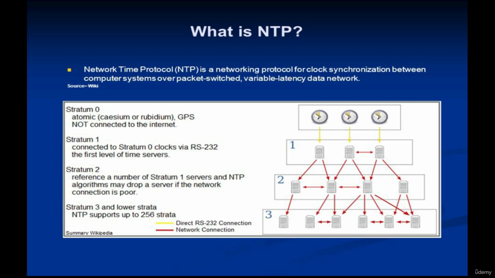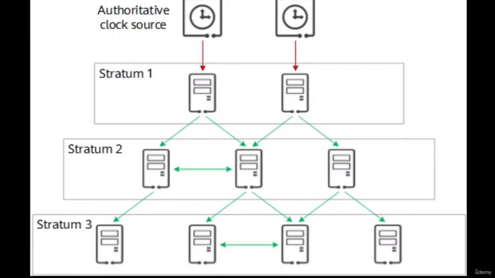Stratum 0, Stratum 1, Stratum 2, Stratum 3. Stratum 0 is atomic and GPS clocks, not connected to the internet. Stratum 1 is connected to the Stratum 0 clocks, the first level of time servers. Stratum 2 references a number of Stratum 1 servers, and the NTP algorithm may drop a server if the network connection is poor.